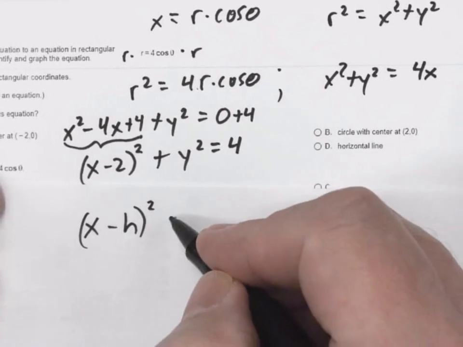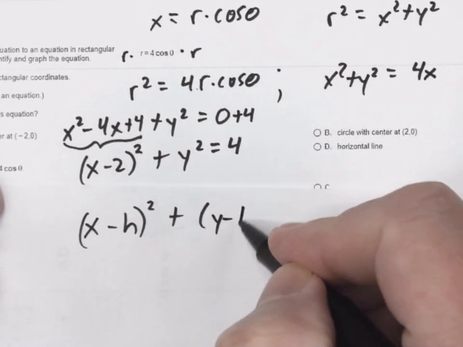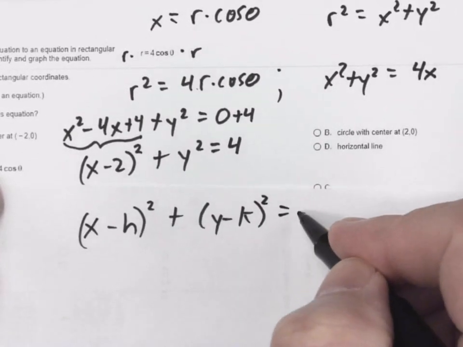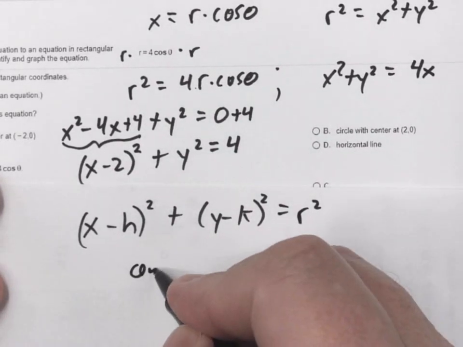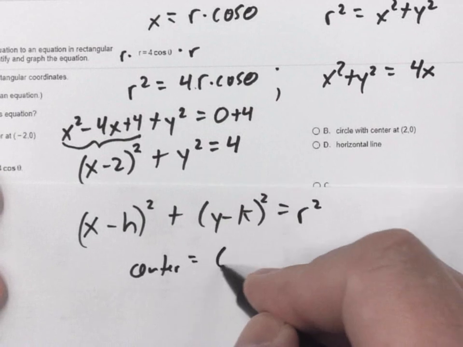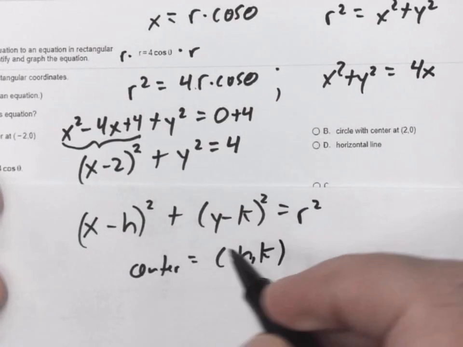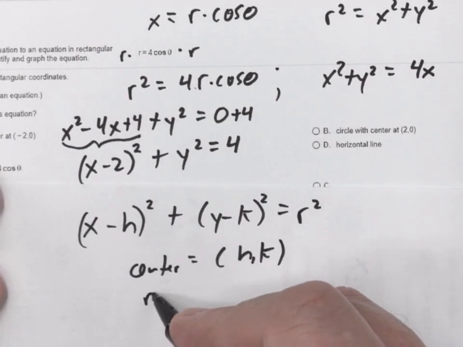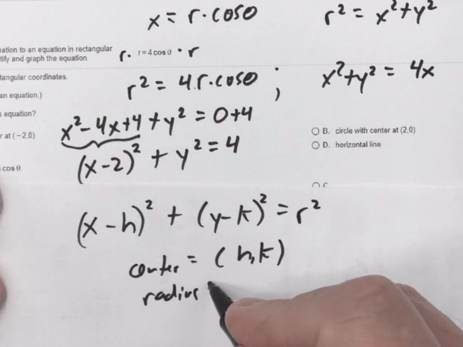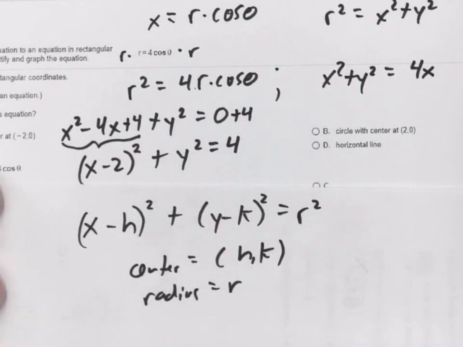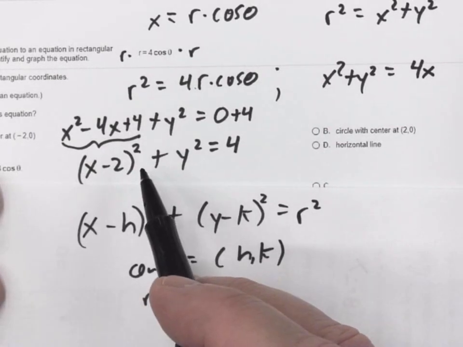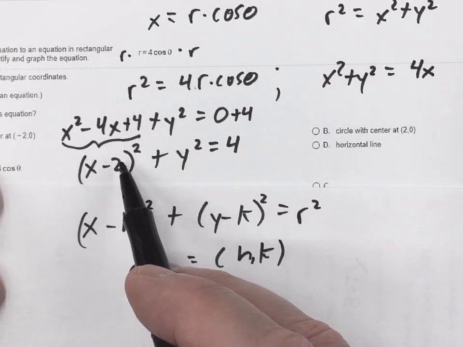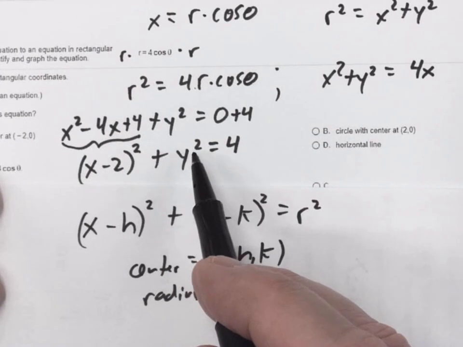The standard equation of a circle is written like this. I'll explain what this means. This is the equation of a circle, and the center of the circle would be at (h, k), and then the radius of the circle obviously is r. So that's what we have. We have the equation of a circle. So where's the center? Well, h is going to be 2, and over here k is 0.